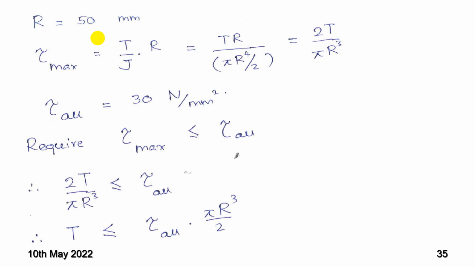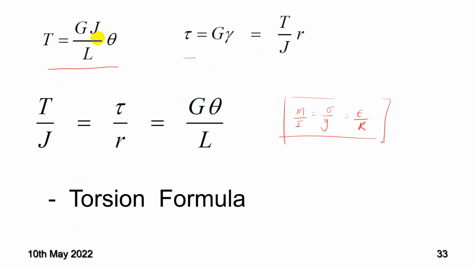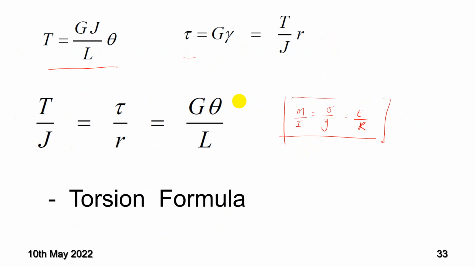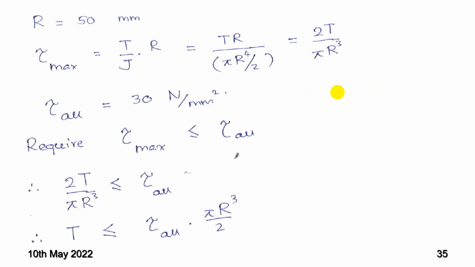Tau max is T over J into R. The stress is 0 at the center, and it increases to the maximum when R is maximum. So when R is equal to 50, you get the maximum tau max.